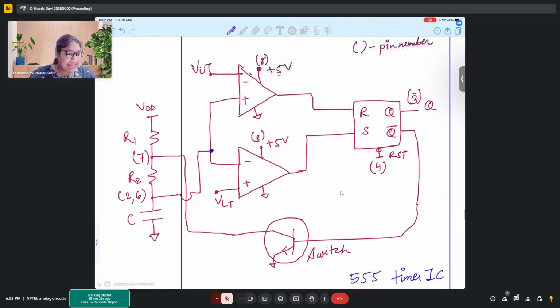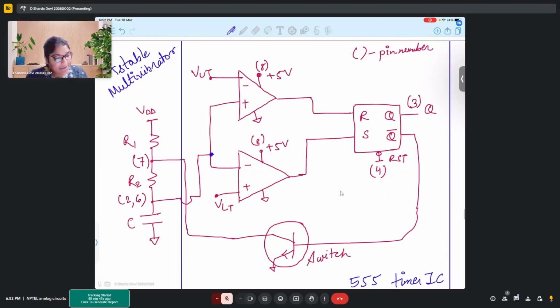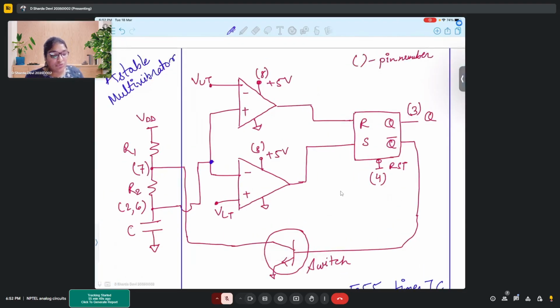So if you look at this, the circuit that you are looking at right now is for an astable multivibrator. This is the circuit for an astable multivibrator using the 555 timer. In a similar fashion, you can have a monostable multivibrator using the same 555 IC.